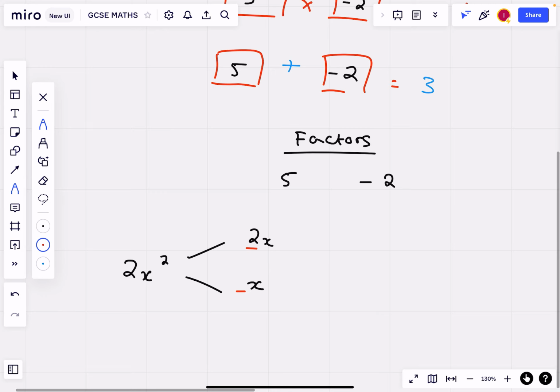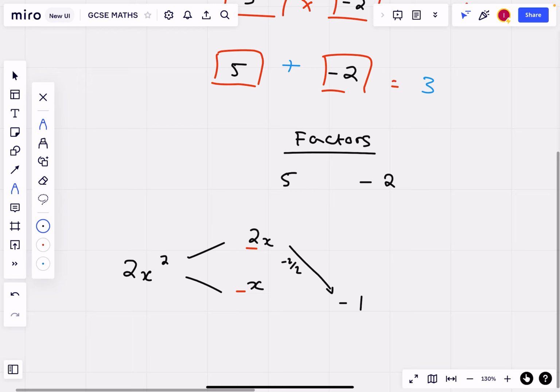5 doesn't divide by 2 to give us a whole number, but minus 2 does. Minus 2 divided by 2 gives us minus 1, right? So what I'm going to do is I'm going to write that minus 2 divided by 2. I'm going to write the answer opposite, like this.